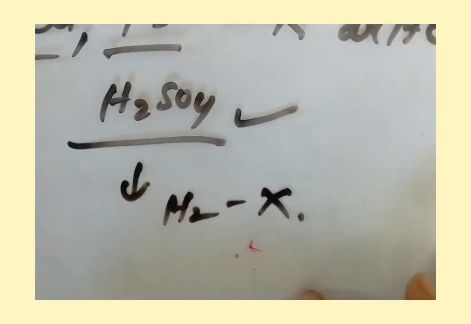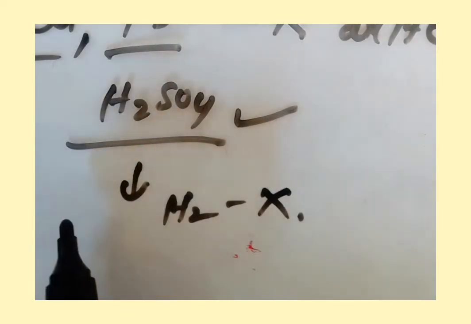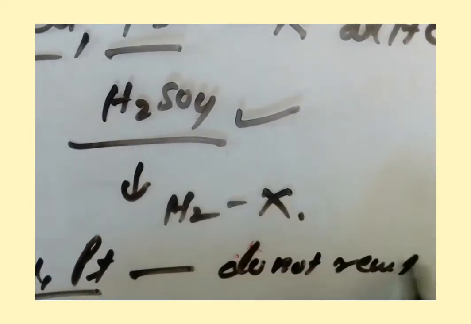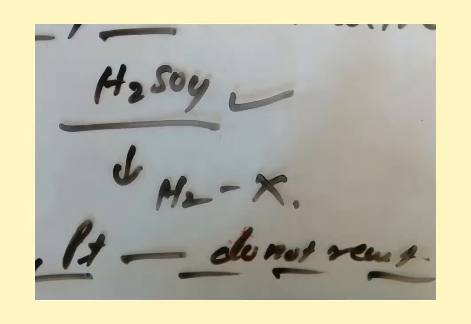Then metals like gold and platinum do not react at all, as they are non-reactive, and I told you earlier that they are present in nature in native state. They are non-reactive in nature, gold and platinum.